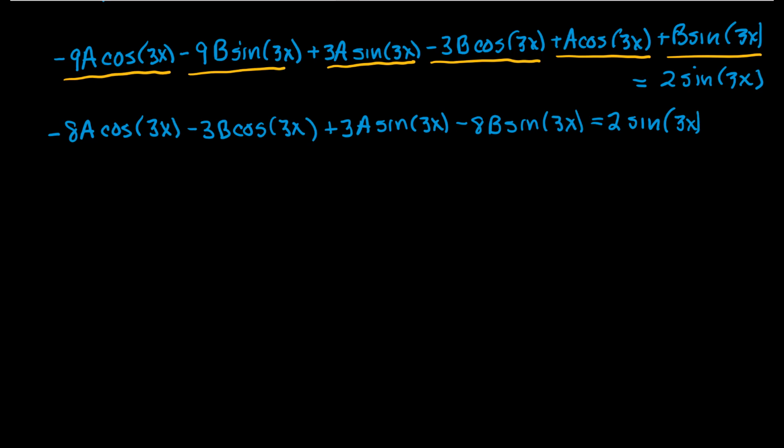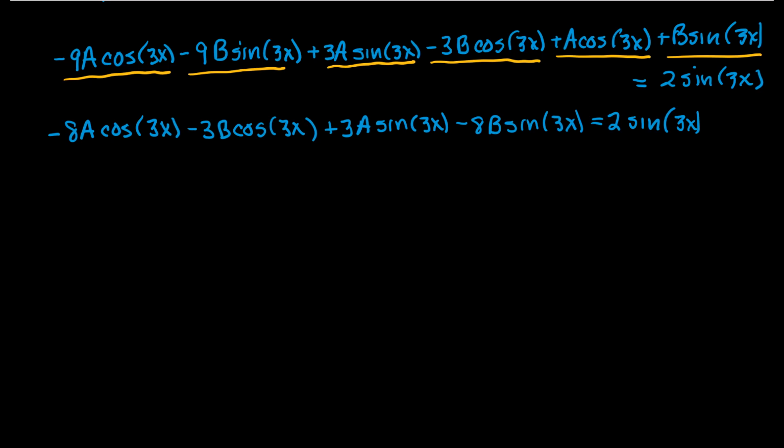Now, the thing to be mindful of is on the right-hand side, there is also a cosine term there. But it's really going to wind up being 0 times the cosine of 3x. Okay, it's there, but we don't bother writing it down. But when it comes time to start looking at our values for a and b, I need to include that.